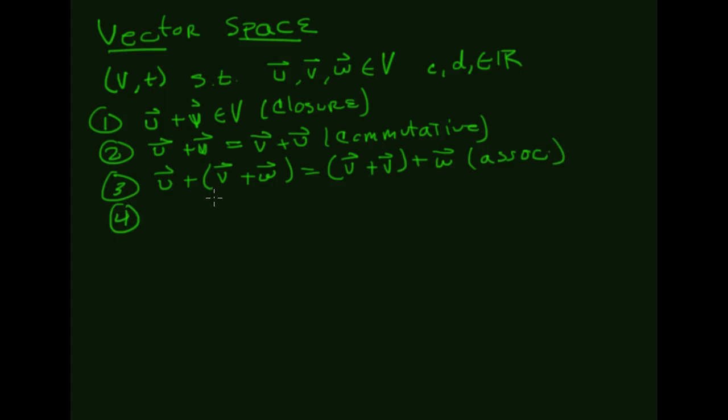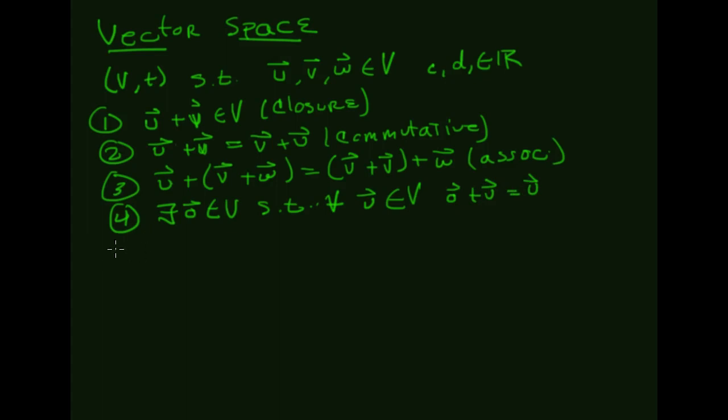Number 4, there has to be a 0 vector. So 0 is in the vector space, and what does the 0 vector do? Well, if I take any vector u in that space and I add the 0 vector to it, I get the u vector back.